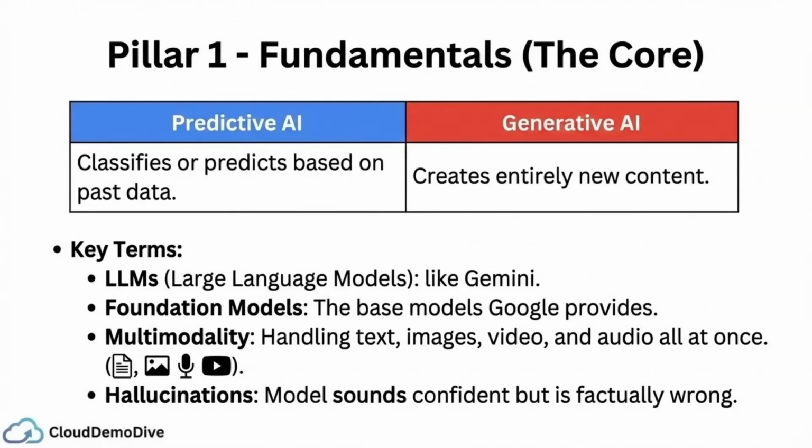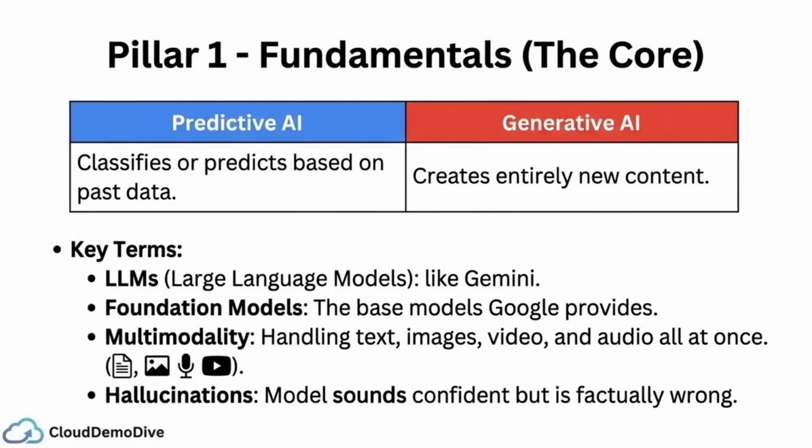This is the kind of model which will take all your inputs in every format at once, and based on that it will generate whatever you want. Next, hallucination: when the model sounds confident but is factually wrong. You will get a question on this. These are some key terms on which you will get questions in this exam on the fundamentals topic.